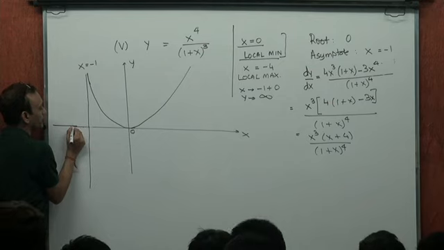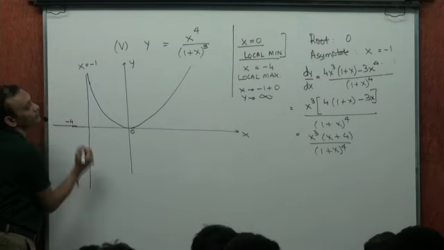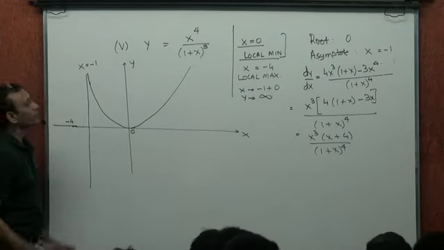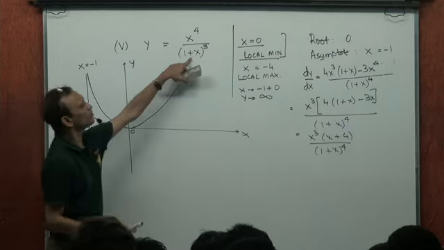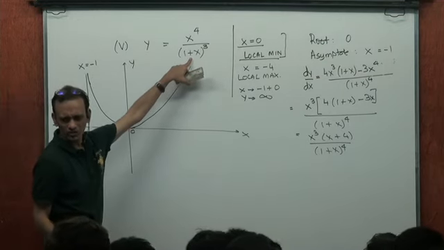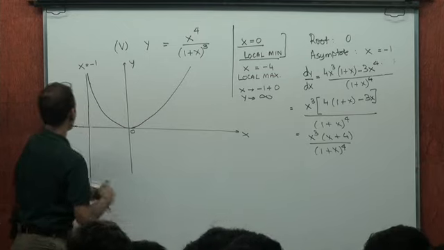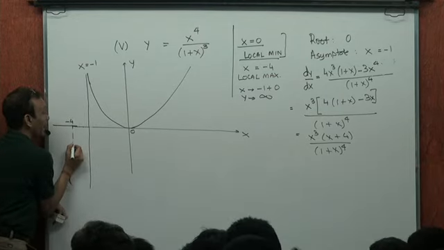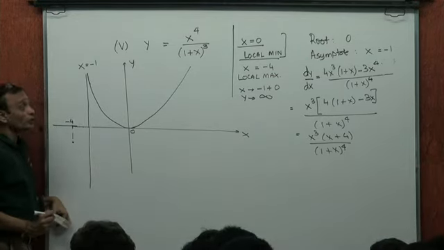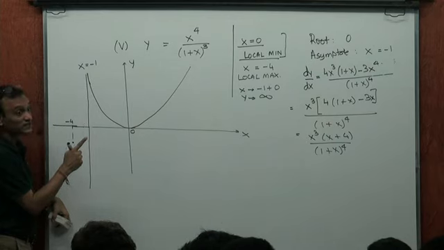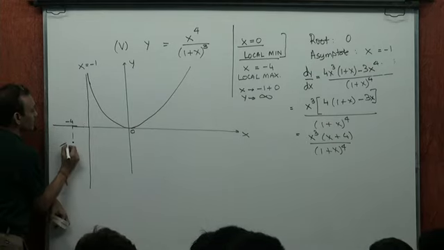Now x equal to minus 4 is a point here. At x equal to minus 4, y is negative, so y is somewhere here. And not only that, it has a local maximum at x equal to minus 4. So you would expect something like this.